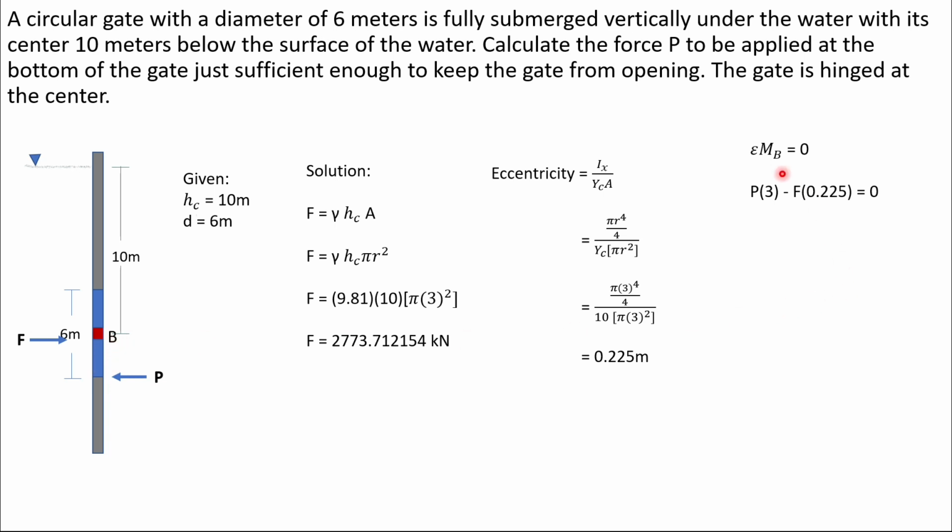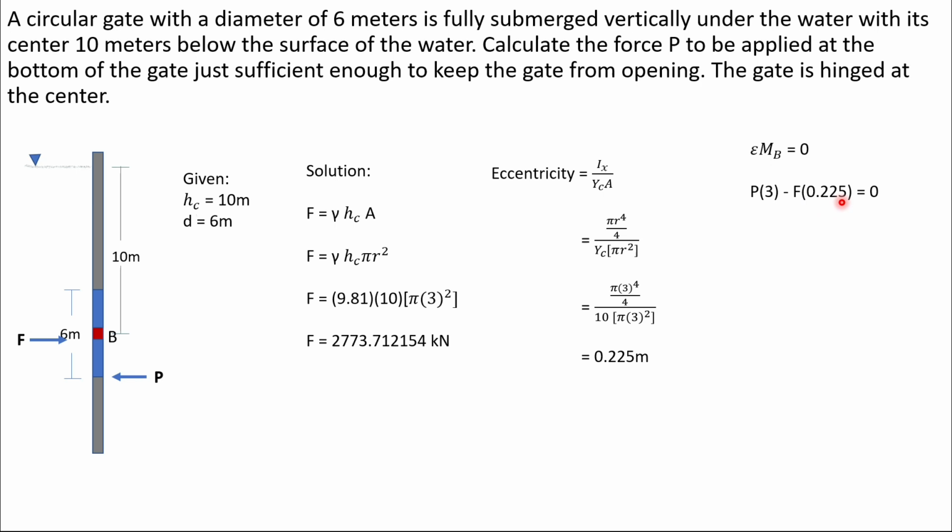Therefore, their distance is equal to radius, which is 3. Then minus F. We have negative value of F here because it's going to a counterclockwise direction. Then multiplied to its distance from point B, which is 0.225 meters, then equal to 0.